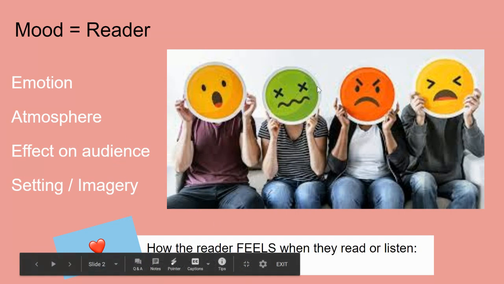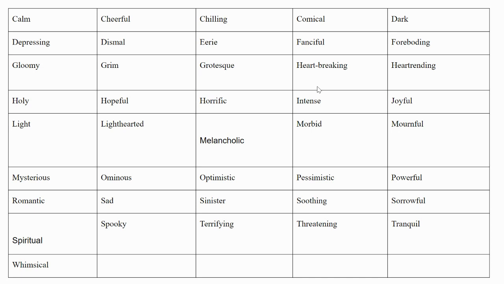So mood is reader. Here are some words that we often use when we're setting mood. It might be depressing. It could be calm, comical, dark, foreboding, joyful, intense, lighthearted, optimistic.